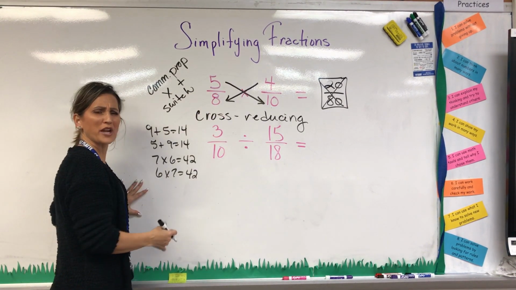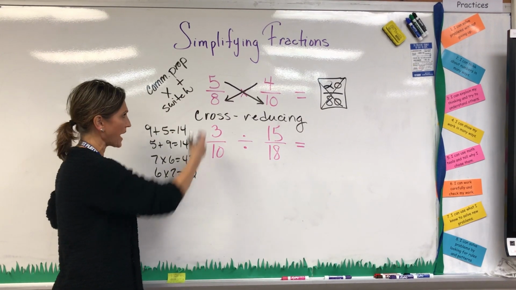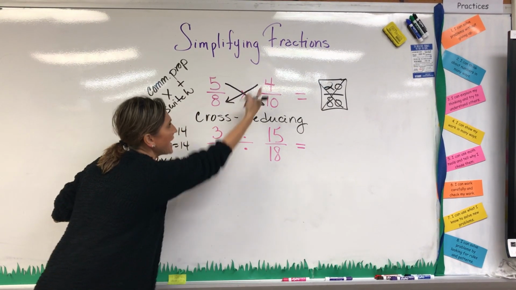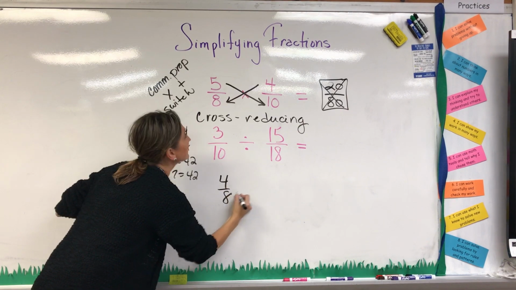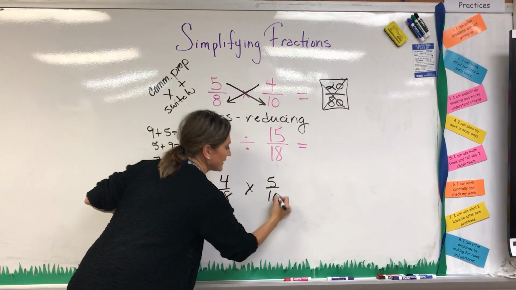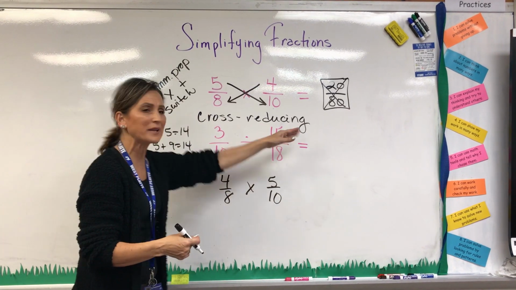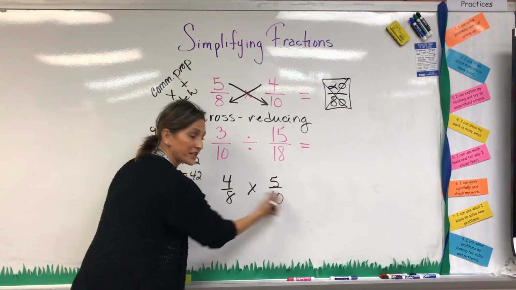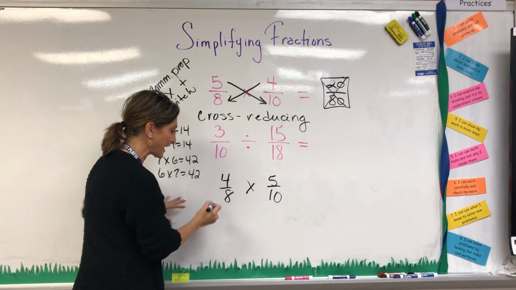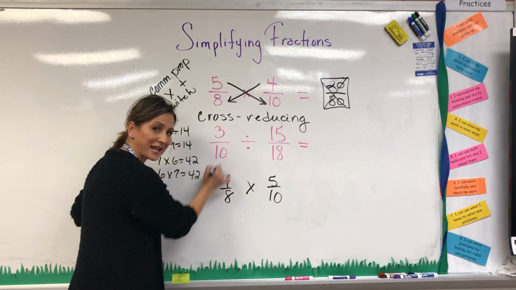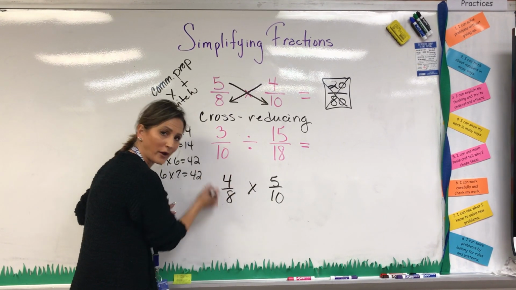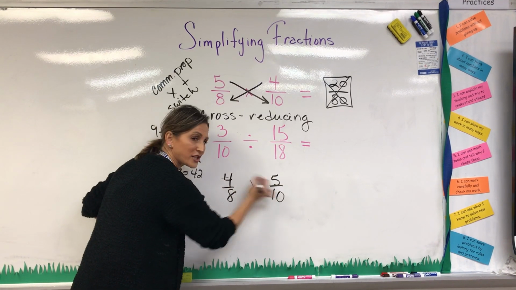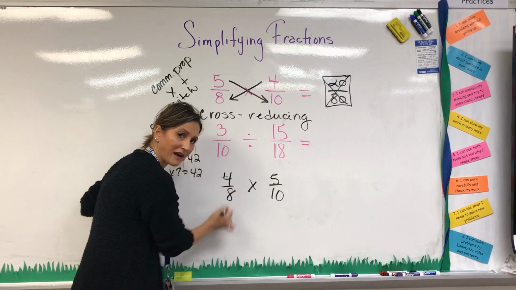Because if I were to switch these numerators or denominators around, 5 eighths, instead, I'm going to say it's 4 eighths times 5 tenths. No matter what, I'm going to get the same answer, even if I switch the numerators and the denominators around. The only thing I can't do is I can't make a denominator a numerator or a numerator a denominator. I've got to switch here horizontally, not vertically.